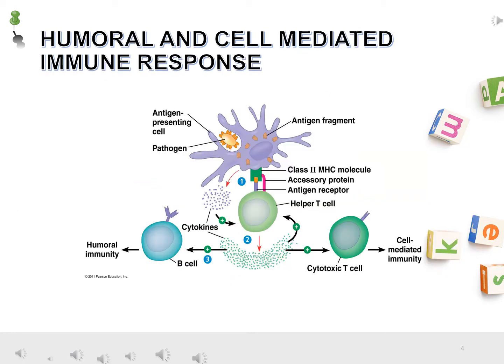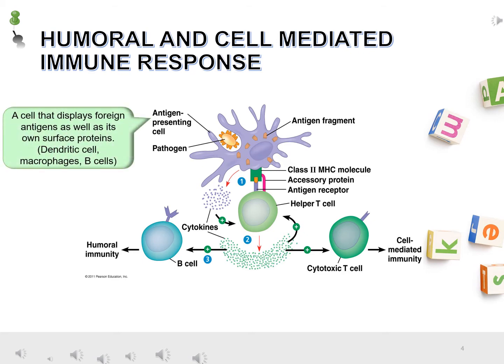When a foreign particle infects the body, it is taken up by macrophages via phagocytosis to form an antigen-presenting cell, APC. APC is a cell that displays foreign antigens, as well as its own surface proteins. For example, dendritic cell, macrophages, and B cells.